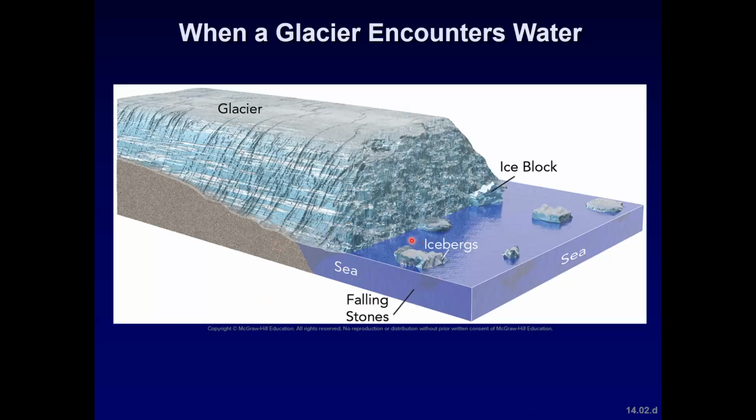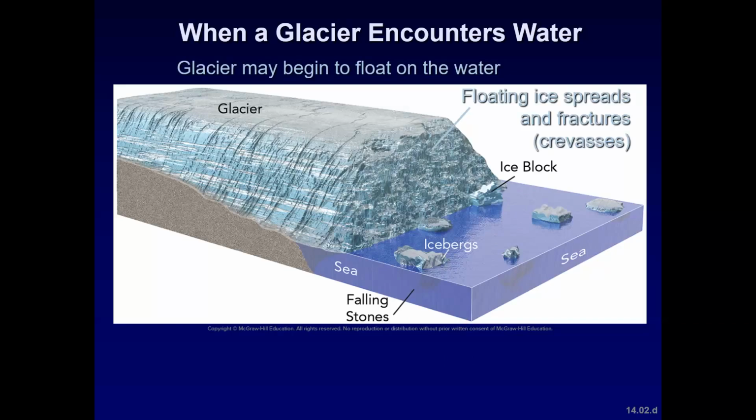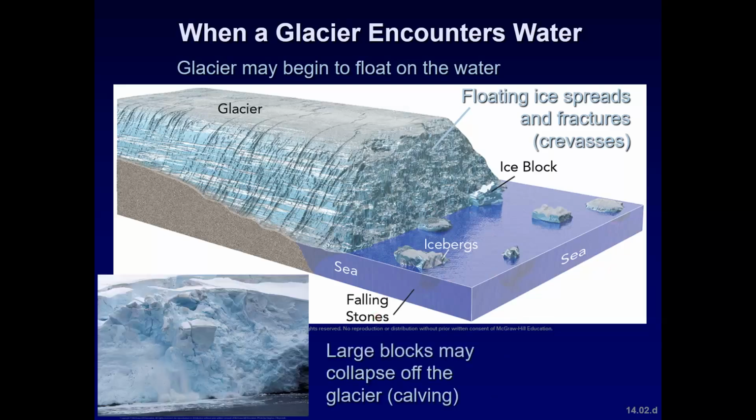You can have ice blocks, icebergs, and falling stones. And the glacier may begin to float on water. The floating ice spreads and fractures and creates all of these things in calving. You can have large blocks collapsing off the glacier as well, and then become smaller little icebergs that travel around the ocean until they melt.